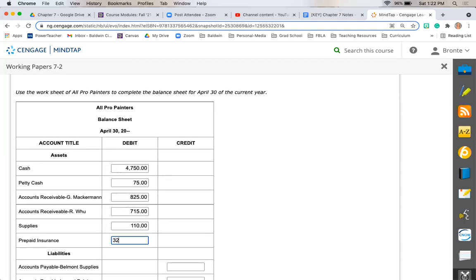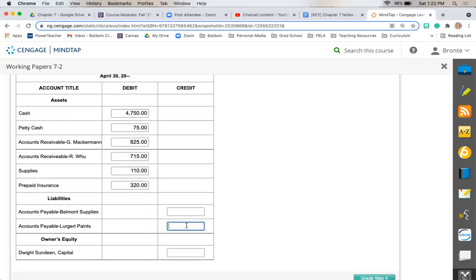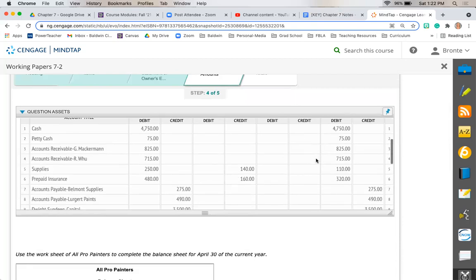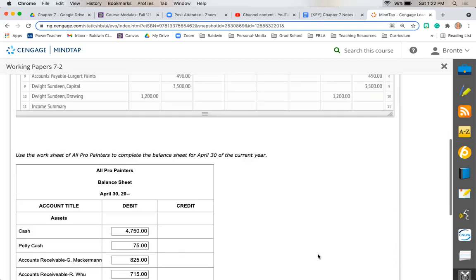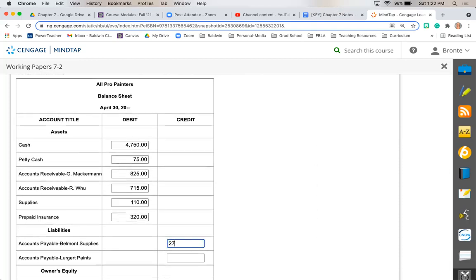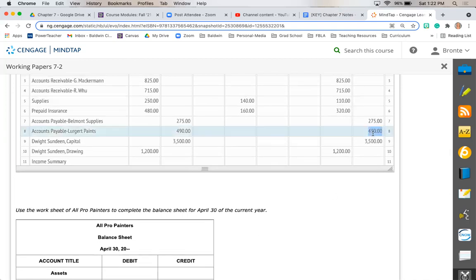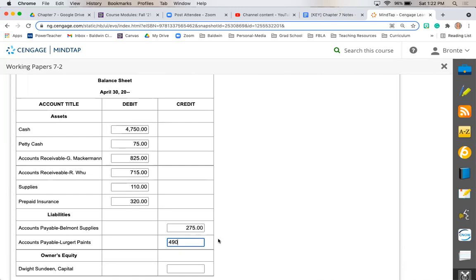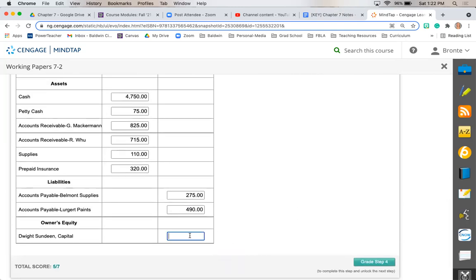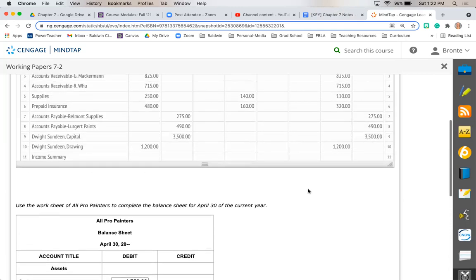Okay, then we're going to put in our two liability accounts. Back up here, looking at my balance sheet column, 275 for Belmont, and 490 for the other. Then my updated capital amount.